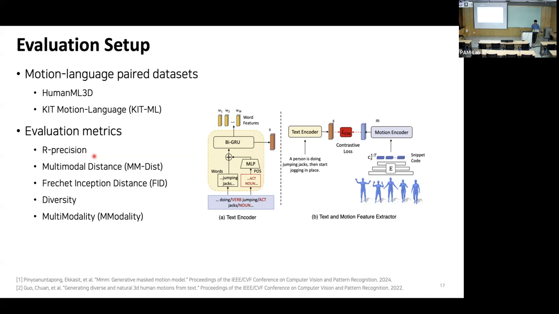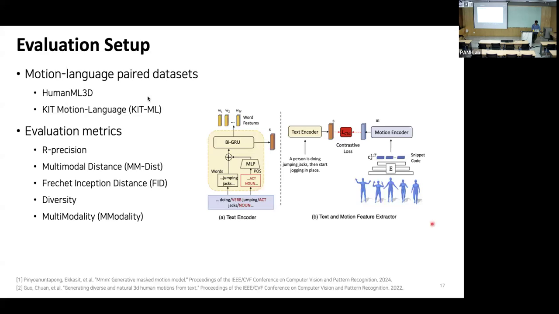It is just like a retrieval task. So top 1, top 2, and top 3 is just a retrieval operation. If the model selects the top 3 samples, and the ground truth text is in the selected pool, they consider it correct.